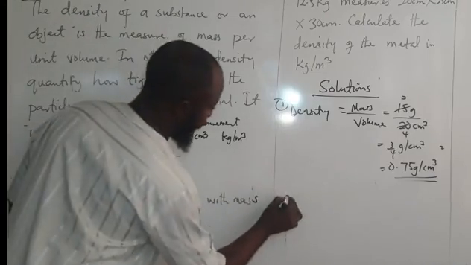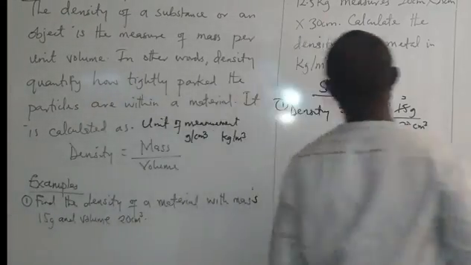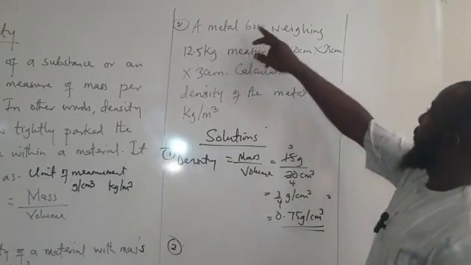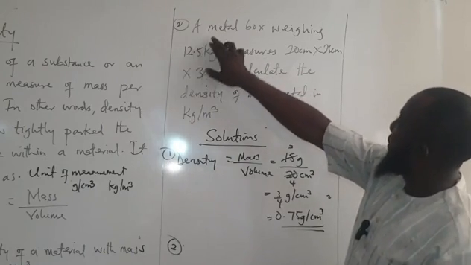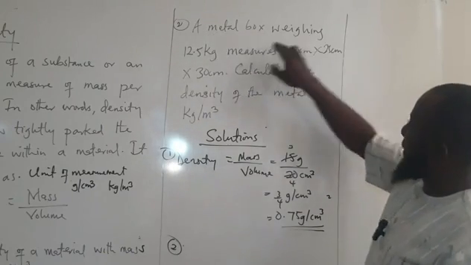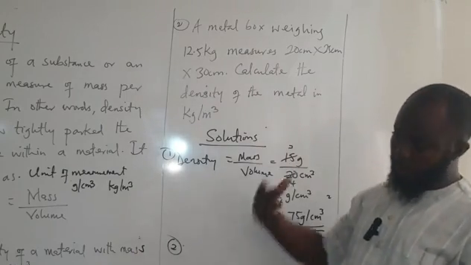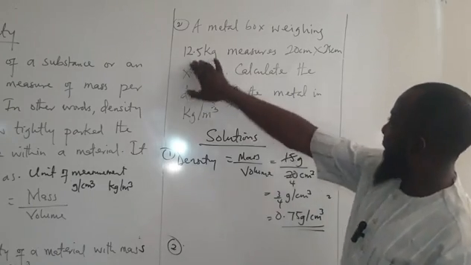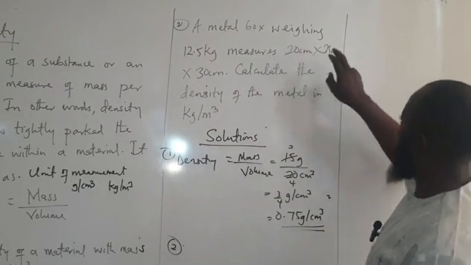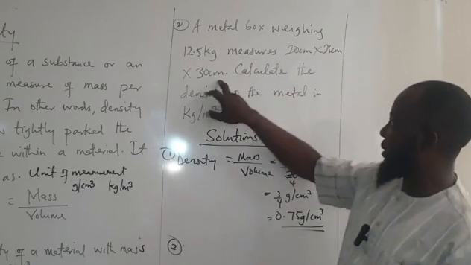For the second question, if you look at it very well, you notice that we are given the mass: a metal box weighing 2.5 kilograms, because mass is talking about the weight of the object. It measures 20 centimeters by 25 centimeters by 30 centimeters.